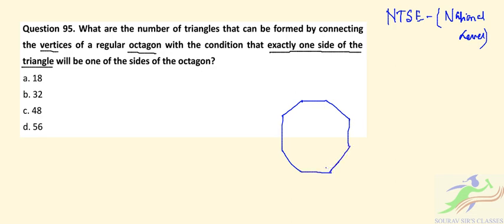Right, so we can label the vertices as A, B, C, D, E, F, G and H. Now on every side, if we draw from position A and B as the base, and H is also there, the first triangle you can draw is G to A, right, so this is the first one.